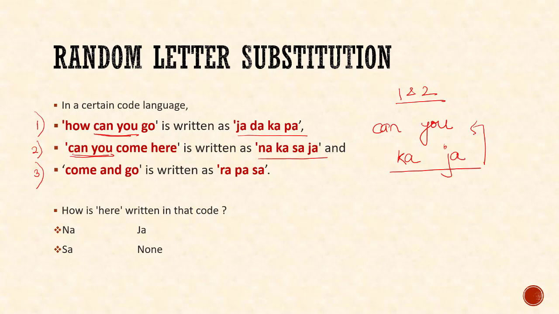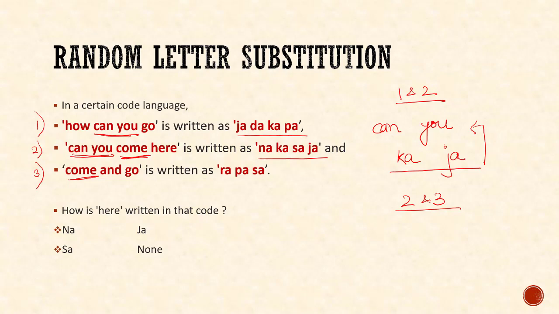Okay. Now comparing 2 and 3. When I compare sentence 2 and 3, can you come here? Come and go. The common word is come. That means the code for come should be present in both the codes given.